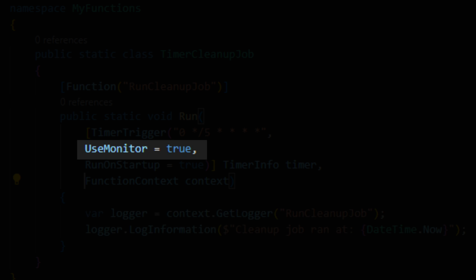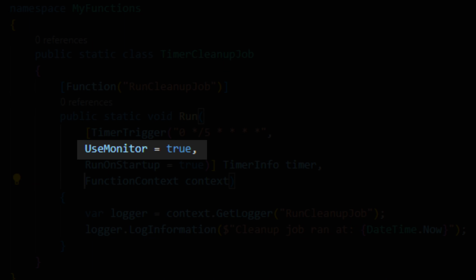UseMonitor is an attribute that we specify on a timer trigger, which is basically signaling the runtime to keep information about the state of the timer trigger. Meaning whenever the timer trigger triggers, the runtime keeps state that this timer trigger was triggered at this point in time, and the function executed with or without errors.